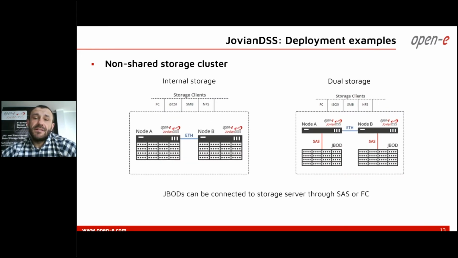And the last deployment, the most advanced, is Metro cluster, a non-shared storage cluster, where each node has its own JBOD, its own disks as internal storage or as JBOD connected through SAS or Fibre Channel. Additionally, we can also configure replication through Ethernet between those nodes.